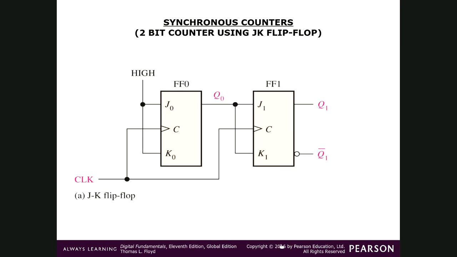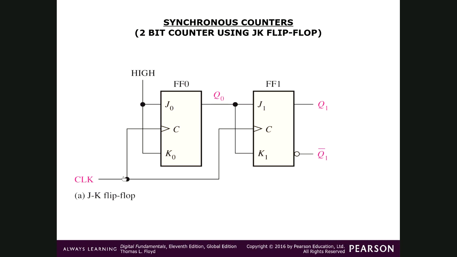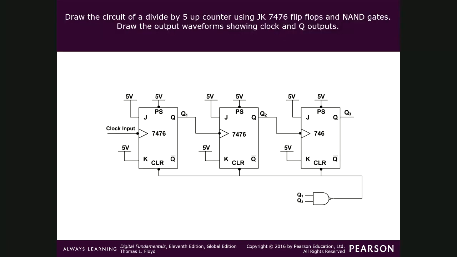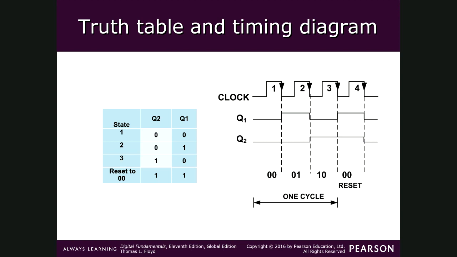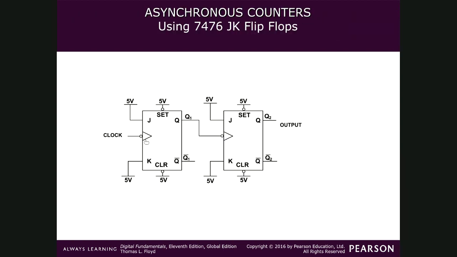Now this is a synchronous counter. Synchronous counter means the same clock pulse is going in parallel. The waveform is the same. The only difference is the clock pulse is going in parallel. An asynchronous counter means the clock pulse is going serially. See here, this is the clock, and here the output is given to the next one, so it is a serial clock.